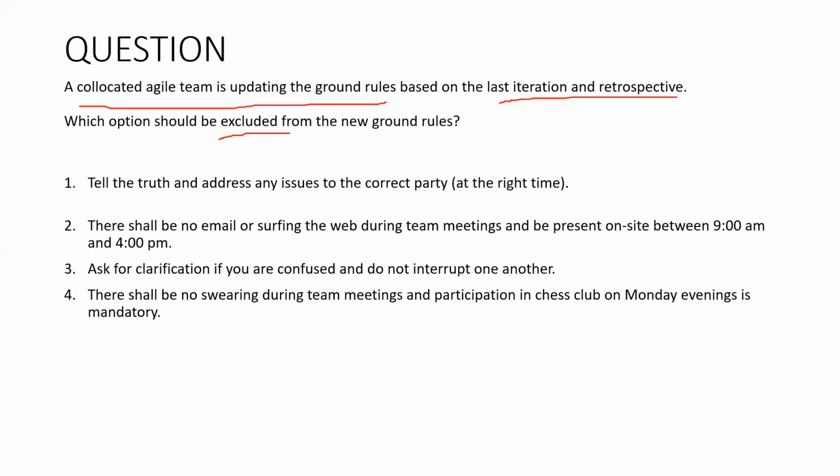Tell the truth and address any issues to the correct party. There shall be no email or surfing the web during team meetings, and be present on site between 9 a.m. and 4 p.m. Ask for clarification if you are confused and do not interrupt one another. There shall be no swearing during the meeting, and participation in chess club on Monday.